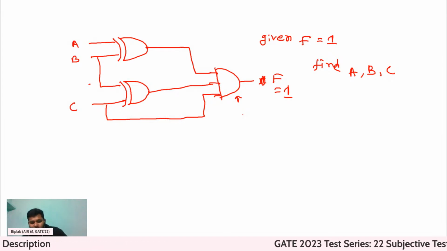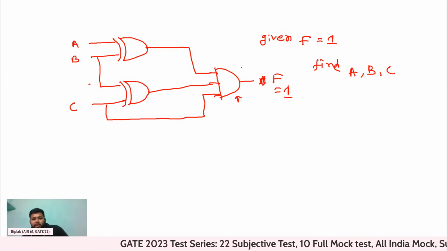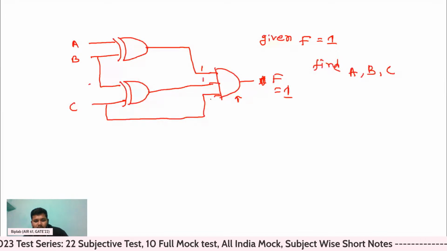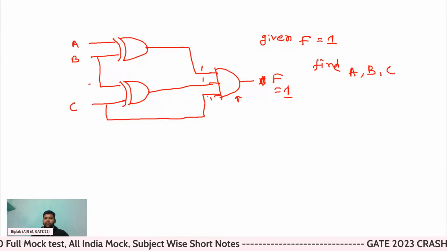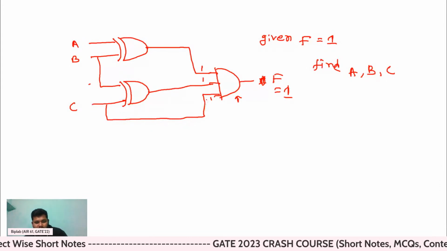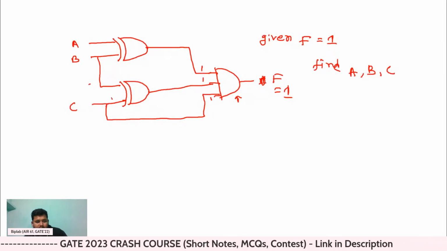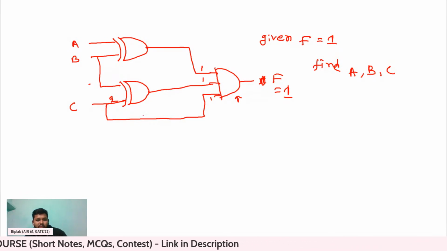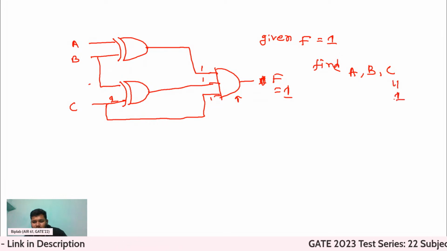Okay, let me do it here, and we can match our answer. So we will have 1, 1, 1 as all inputs of the AND gate. So if this is 1, then here also your C will be 1. If you look at this, you got your answer for C, which is 1.